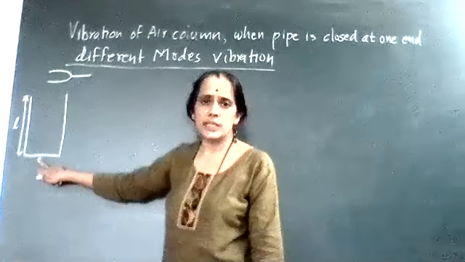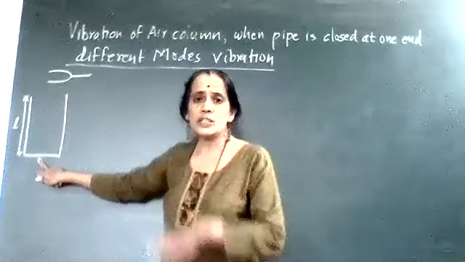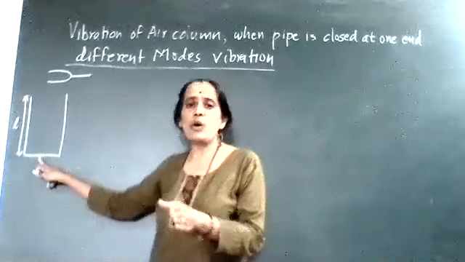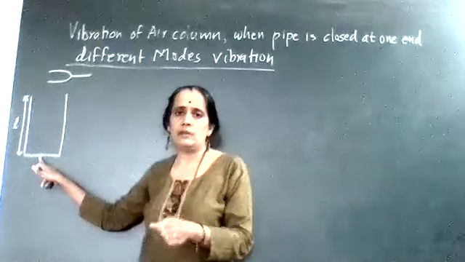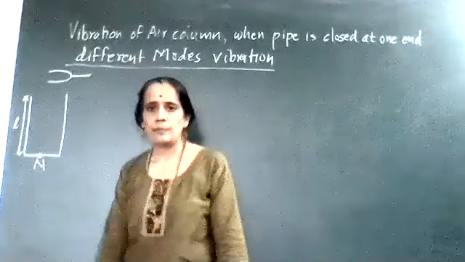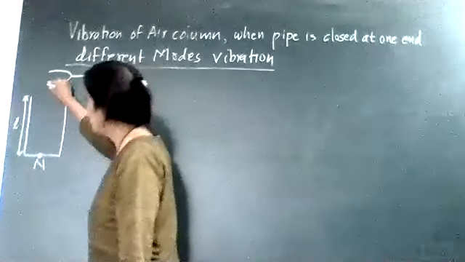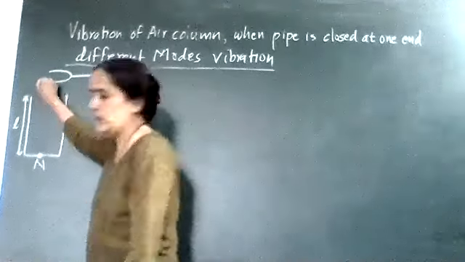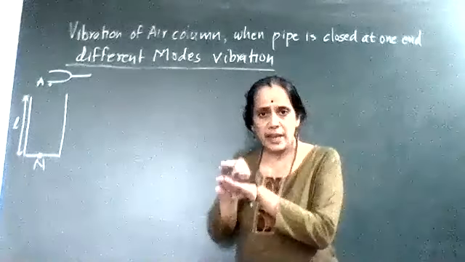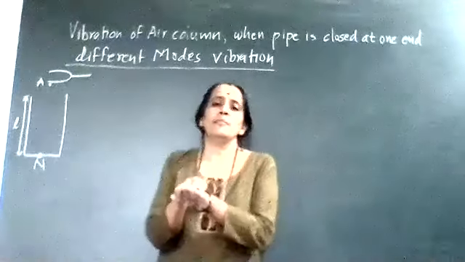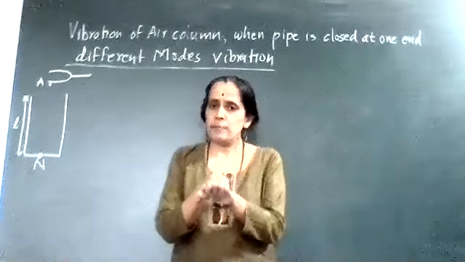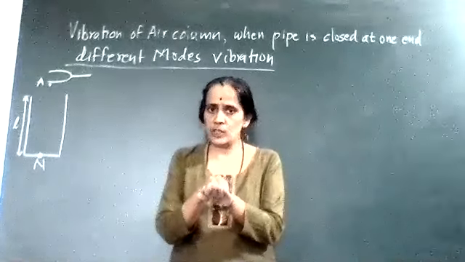The closed end is a rigid support, so it is not free to vibrate. As it is not free to vibrate, a node will be formed at the closed end and an antinode will be formed at the open end. Node will be at the closed end because the closed end does not allow vibration, so displacement is 0.